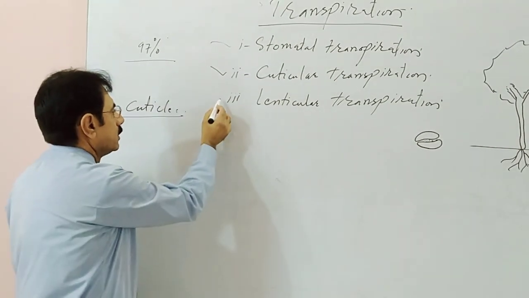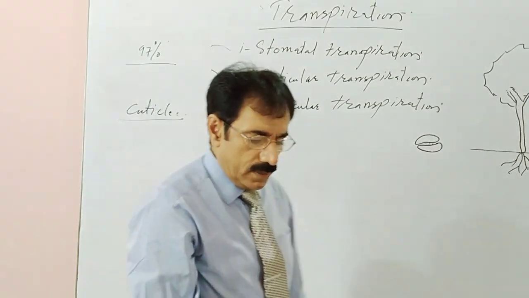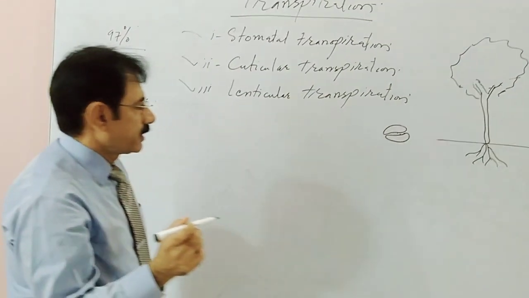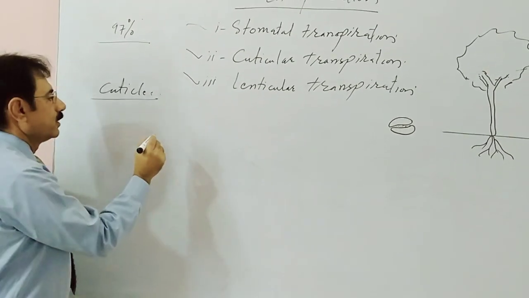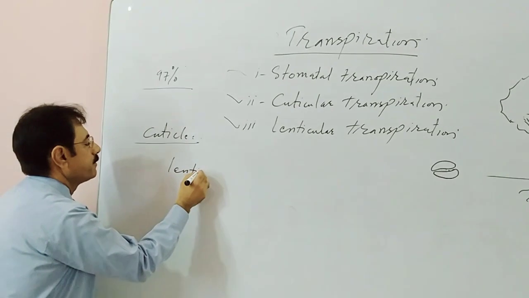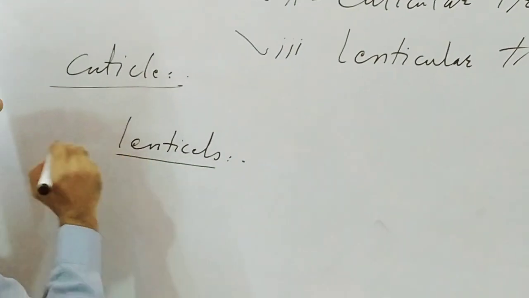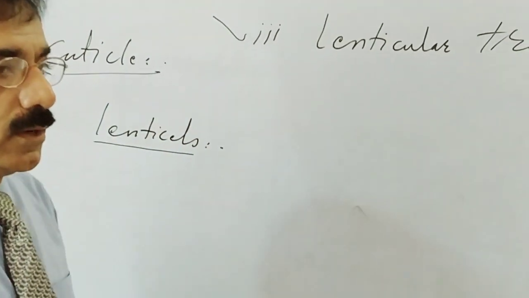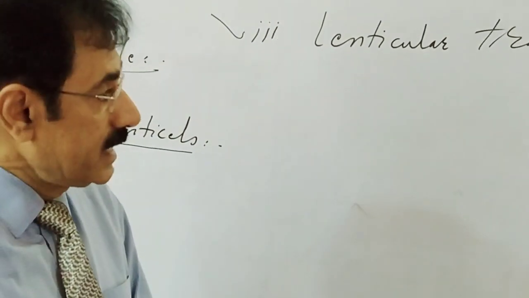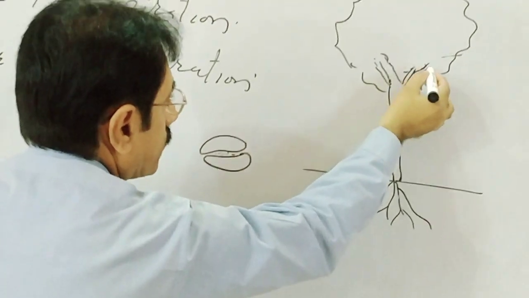And number three is lenticular transpiration. Lenticular transpiration is the process of transpiration through the lenticels. What are lenticels, dear students? Lenticels are small pores or small spaces on the old stem and old branches of the plant.